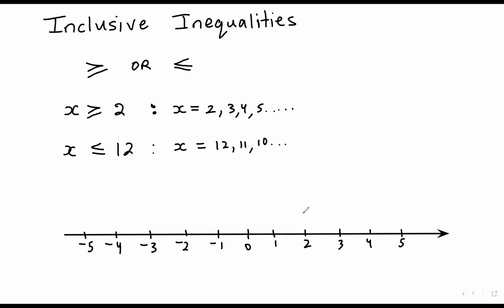So x is greater than or equal to 2 would be a shaded circle above 2 with the arrow pointing to the right. If I wanted to show x is less than or equal to 4, it would be a shaded circle above 4 and the arrow would point to the left. So this is x is less than or equal to -4.